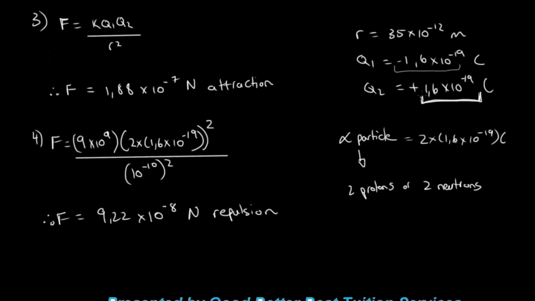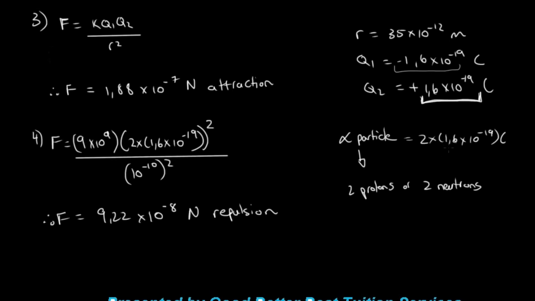Okay, so just remember that. The alpha particle consists of 2 protons and 2 neutrons. So it'll be 2 times the charge on a proton, which is a positive charge, and if it is a neutron, then you know that it's neutral. But in this case, they just say it's 2 alpha particles. I would always go with a proton because they're the same anyway.